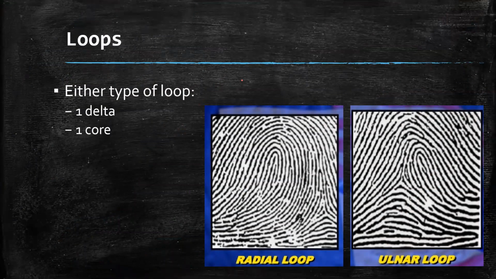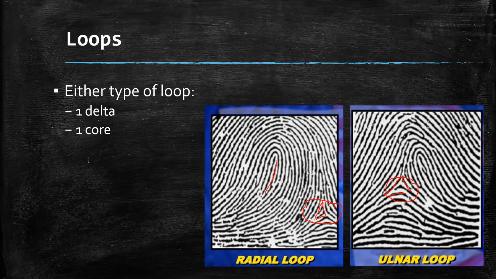So loops can have one delta and one core, no matter the type. So you have to be able to identify the deltas in order to determine which type of main part it is. So the delta is right here. It's kind of like a triangle. So there's one delta. And then you also have this delta right here. One delta. Okay, so they always have one delta, kind of diagonal from the core.